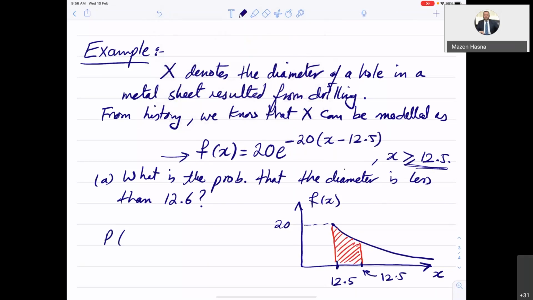So the probability of x less than 12.6 is the same as the probability that x is between 12.5 and 12.6, since we know that it starts from 12.5.